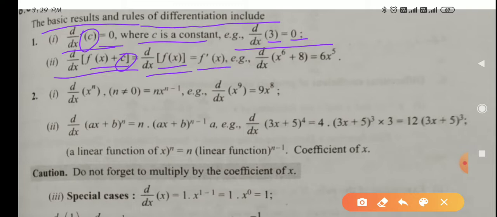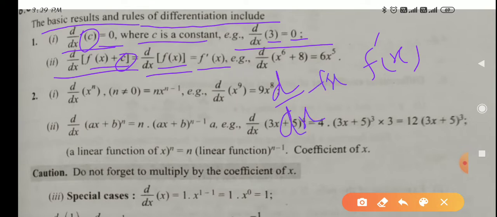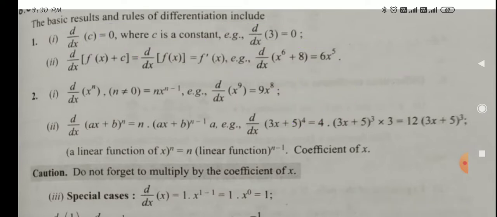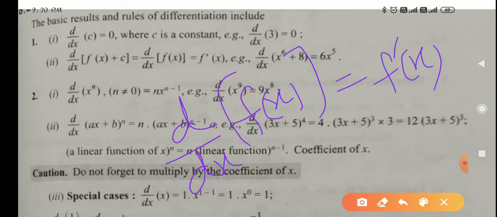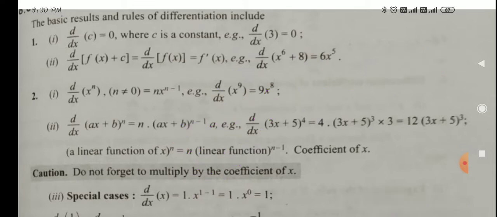Differentiation of f(x) can be written as f dash x, like this: d upon dx of f(x) equals f dash x. You have studied this in class 11.